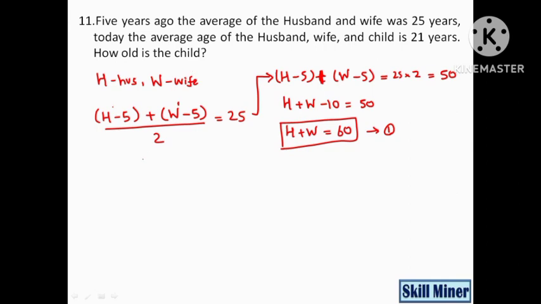Today the average age of husband, wife and child, there are three people, their average will be 21 years. From this I am forming another equation, h plus w plus c is equal to 21 into 3. 21 into 3 will give me 63.